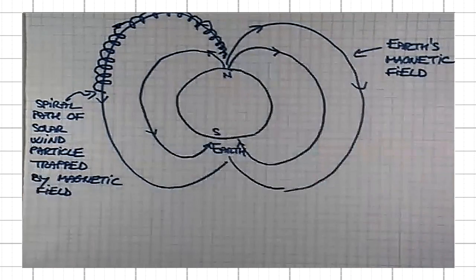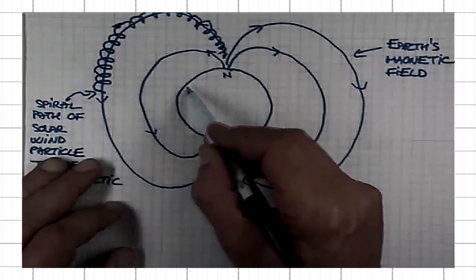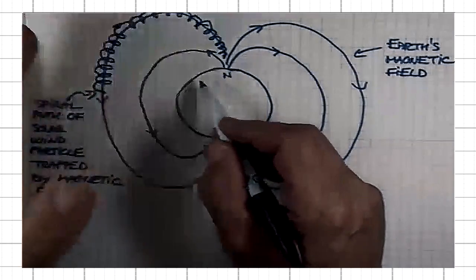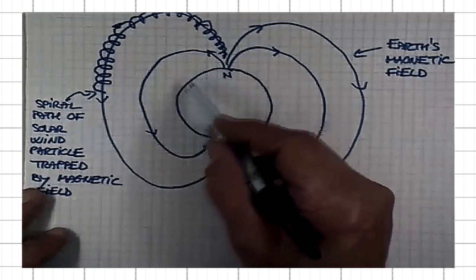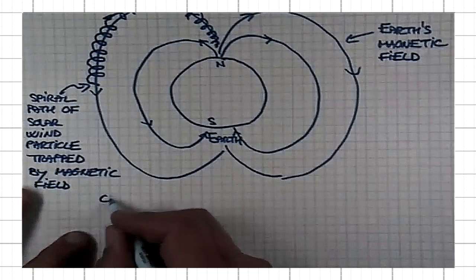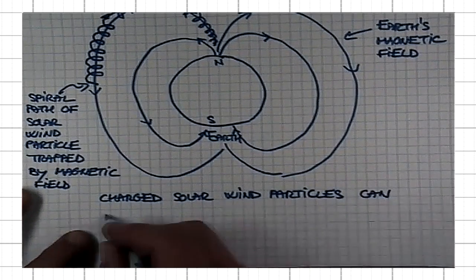And it hits the atmosphere near the poles. It cannot hit this part here because the magnetic shield protects the majority of the surface of the Earth. So charged particles can enter the atmosphere only close to the magnetic poles.